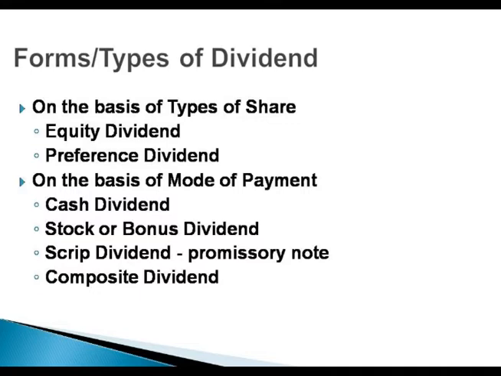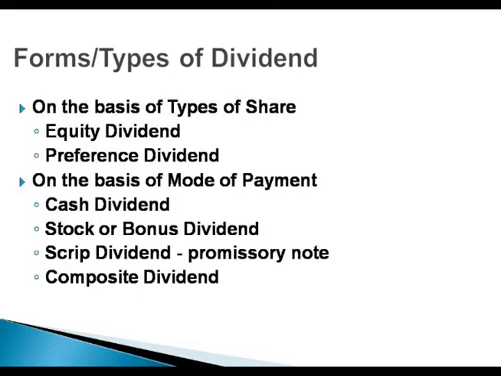It is also known as dividend in the form of promissory note, in which a company issues this note and promises to pay some sort of dividend over a period of time. And the last, when a company pays a lump sum dividend or accumulated dividend at a given period of time, it is known as composite dividend.